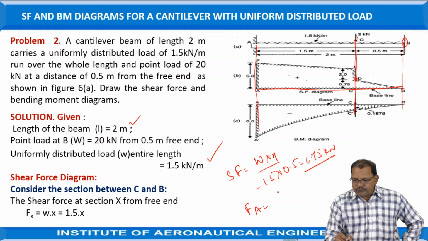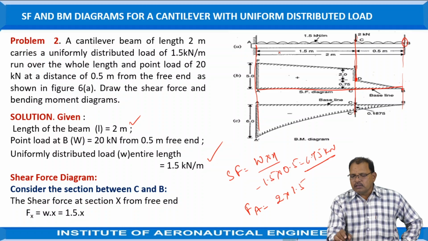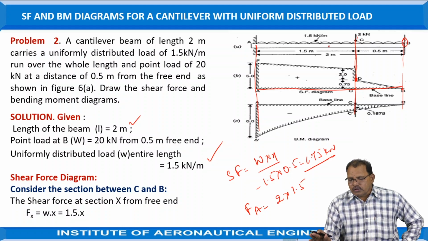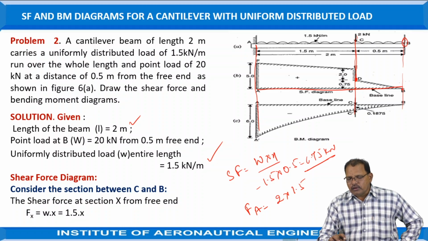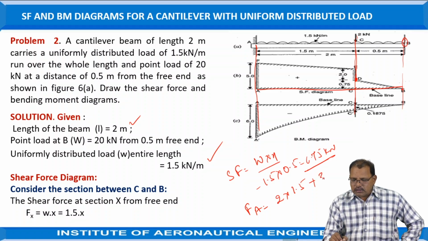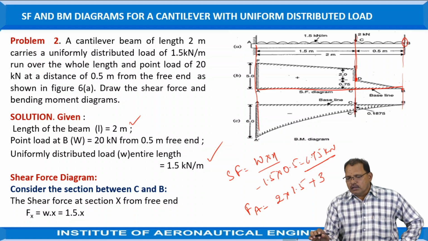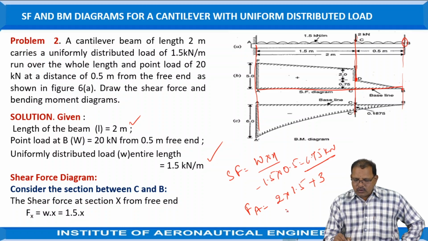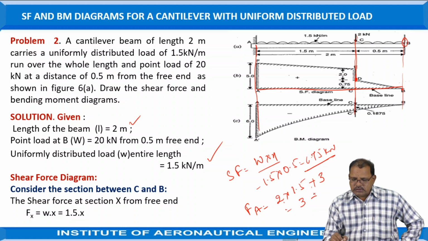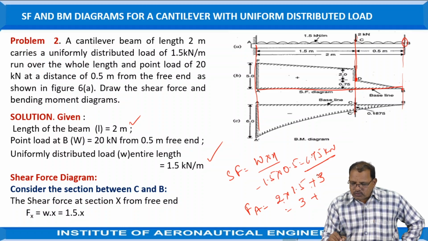The total length of the beam is 2 meters and the load is acting at 1.5, so the total uniformly distributed load is 2 into 1.5, which is equal to 3, plus the point load acting at point C, which is 2. Totally it is 5 kilonewtons.